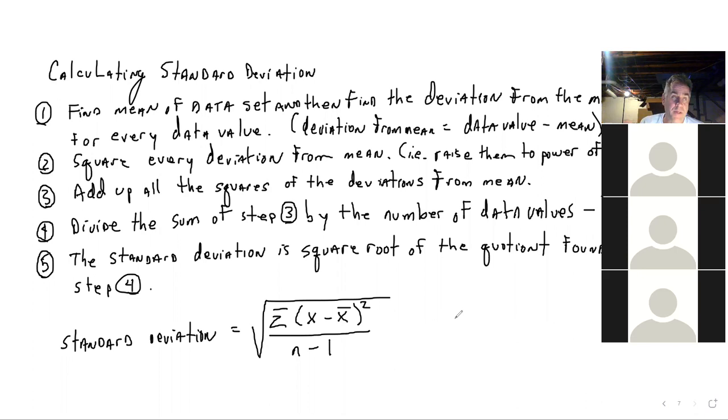You're going to have to find the mean, which was 7.2, then take every single data value minus 7.2, then square every one of them, and then add them all up. Now, if we would do that, incidentally, big bank, best bank.